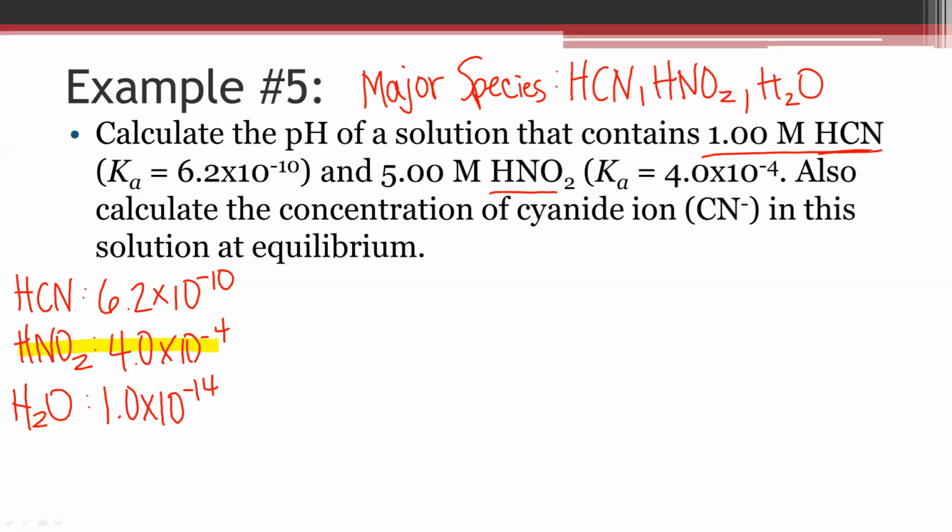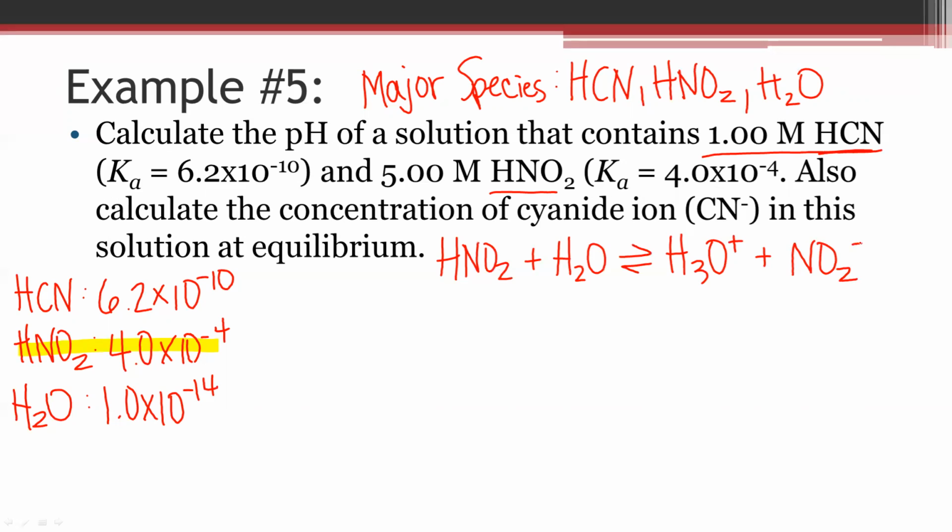Okay, so with our equation, we've got the HNO2 reacts with water to form the hydronium ion, and the conjugate base here would be NO2 negative. Again, we're going to forget about that 1 molar part right now.